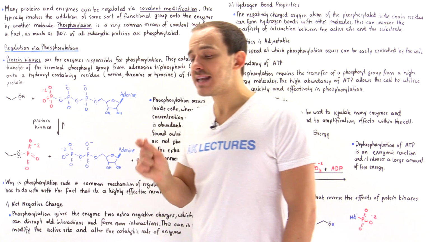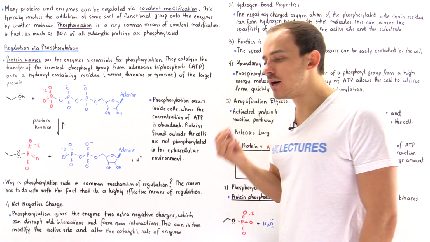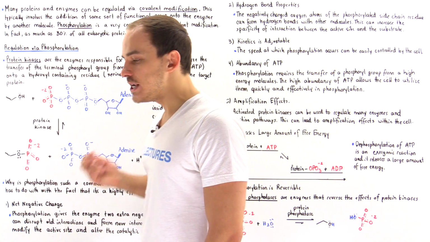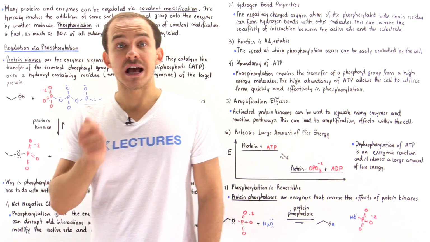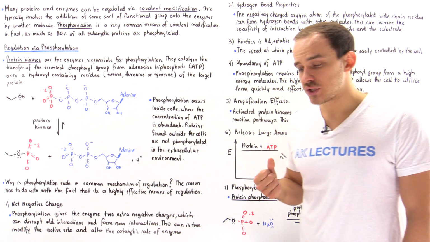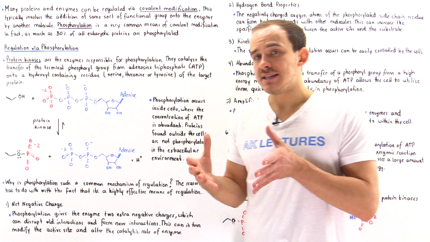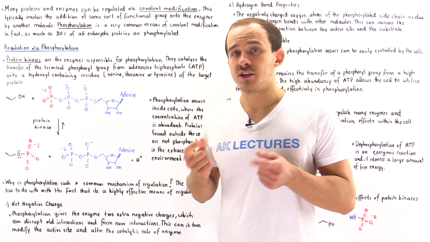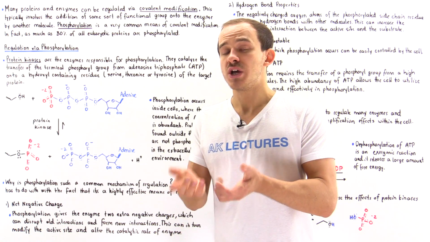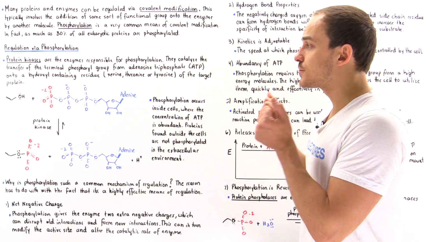Well, inside our cells, we have a very high abundance of high energy ATP molecules, adenosine triphosphates, which are produced by the mitochondria of the cell. And because we have this abundance of high energy ATP molecules that contain the phosphoryl groups, these are the molecules that are the source of this phosphoryl group.